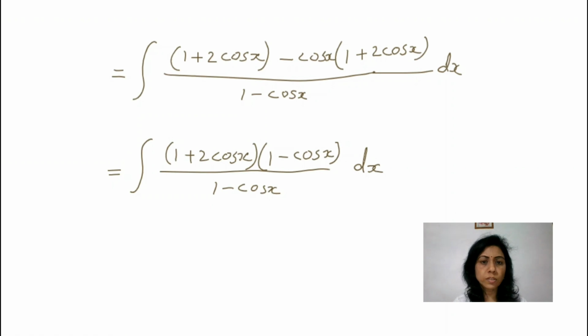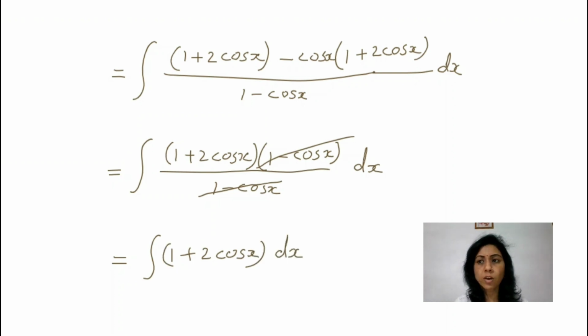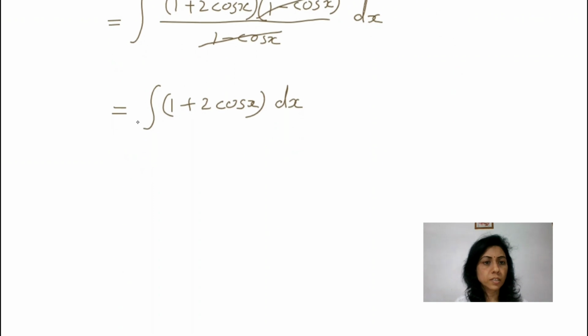And now you can see 1 minus cos x, 1 minus cos x, which cancel out. We got 1 plus 2 cos x dx, and now we can easily integrate.